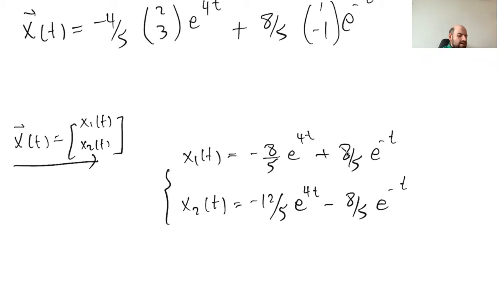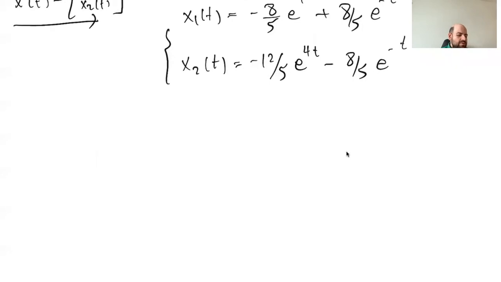So this is how we find the general solution, or the unique solution in the case of having initial values, in the case where the matrix has n distinct real eigenvalues. Now we want to look at the concept of phase portrait.